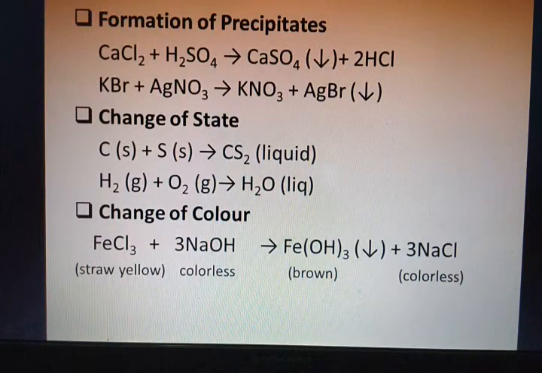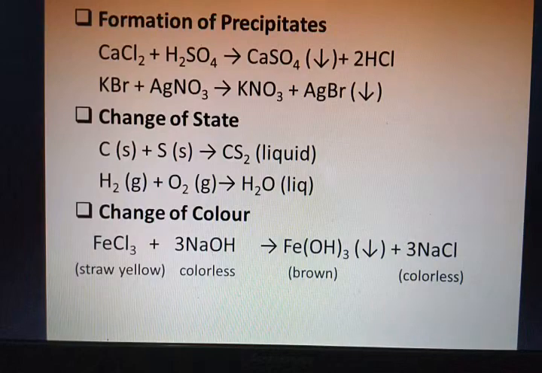Coming to the next point, change of state. We know there are three states of matter: solid, liquid, and gas. Before the reaction and after the reaction, there will be a change of state. For example, carbon and sulfur in the solid state react together. If they are heated together, they form carbon disulfide, which is a liquid.